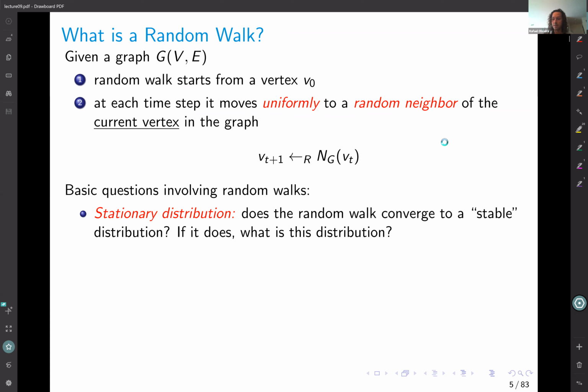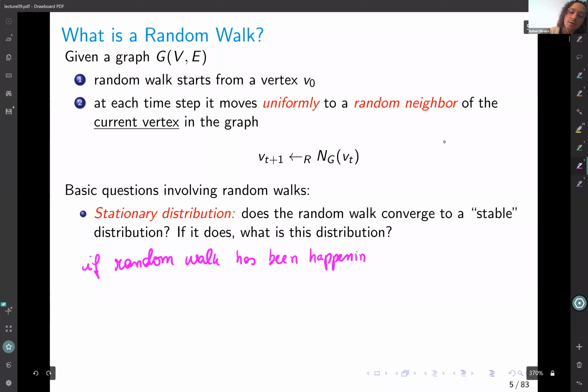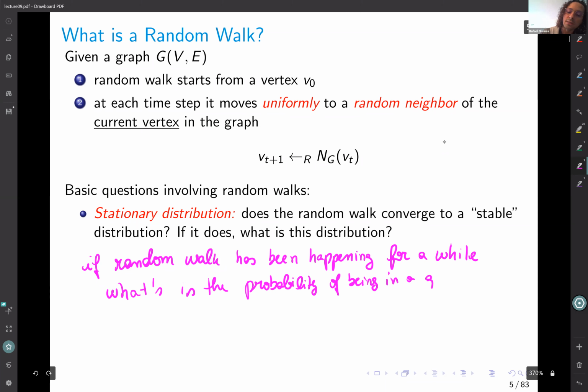Does that make sense? So the informal question is, if my random walk has been happening for a while, what is the probability of being in a given vertex?